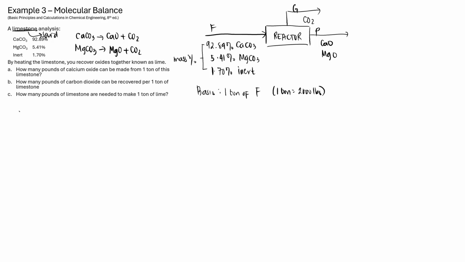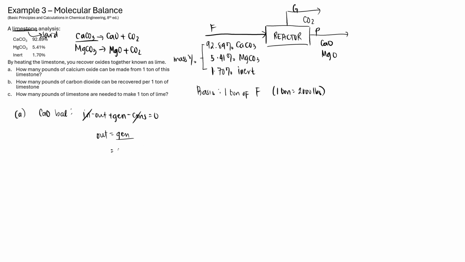Okay, let's answer A. How many pounds of CaO can be made from 1 ton? So let's do the calcium oxide balance. In minus out plus gen minus consumed equals 0. It's not going in, it's going out, it's generated, but it is not consumed. So out is equal to generated. The generation comes from the CaCO3.